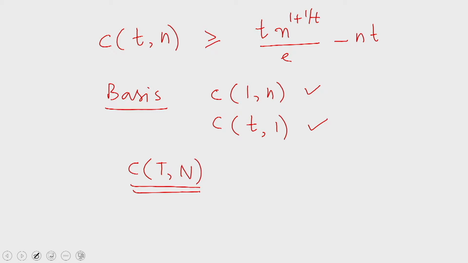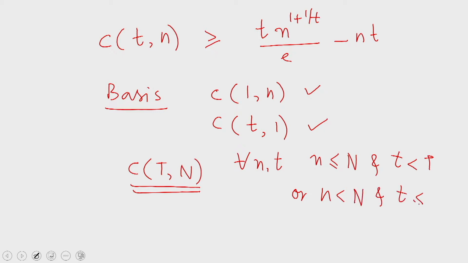For example, we assume that for all n, t such that n is less than or equal to capital N and t is less than capital T, or n is less than capital N and t is less than or equal to capital T, the claim held.